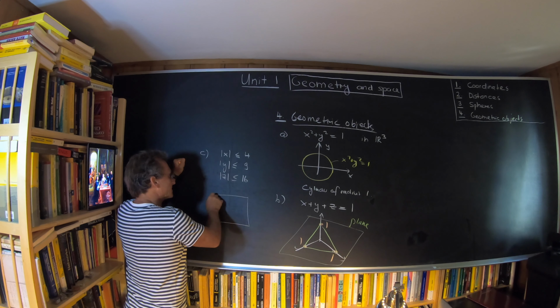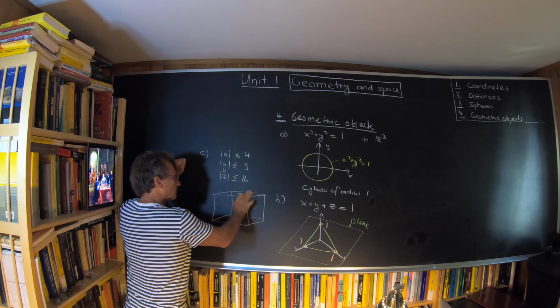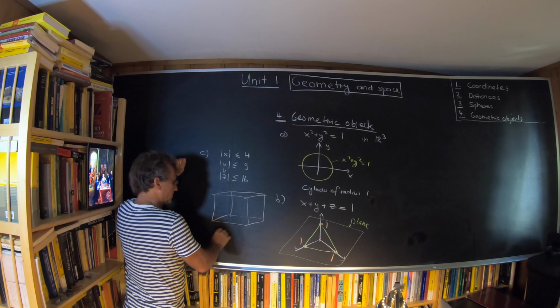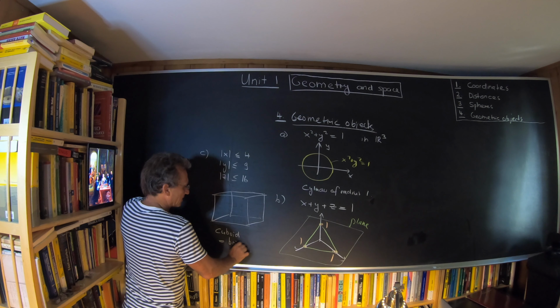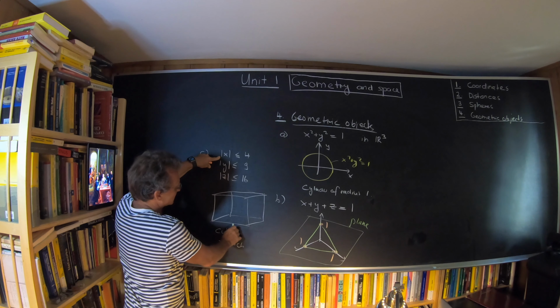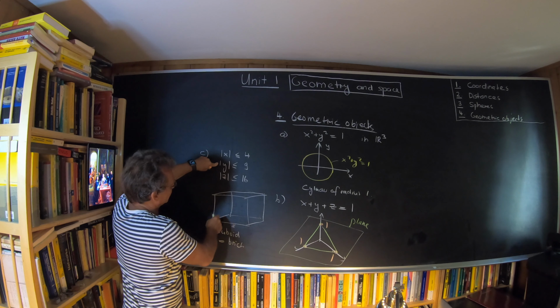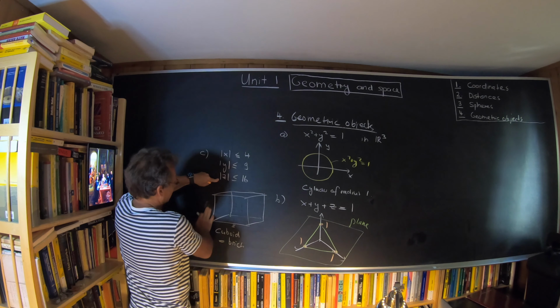So what we get is a cuboid or brick, and in this case it has length 8 here, and this has length 18 here, and this has length 32 here, and here 18.